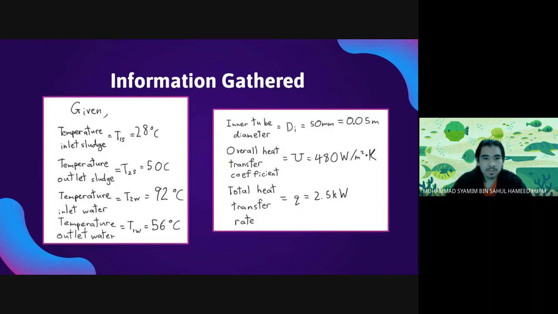So here is the information gathered from the question, where we obtain the temperature of the inlet sludge, outlet sludge, and then the inlet water and outlet water. And next is the inner tube diameter and the overall heat transfer coefficient. And the last one is the total heat transfer rate.